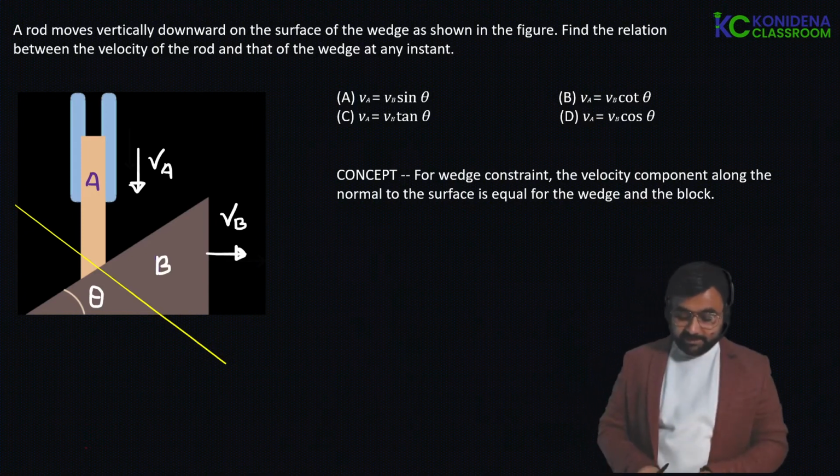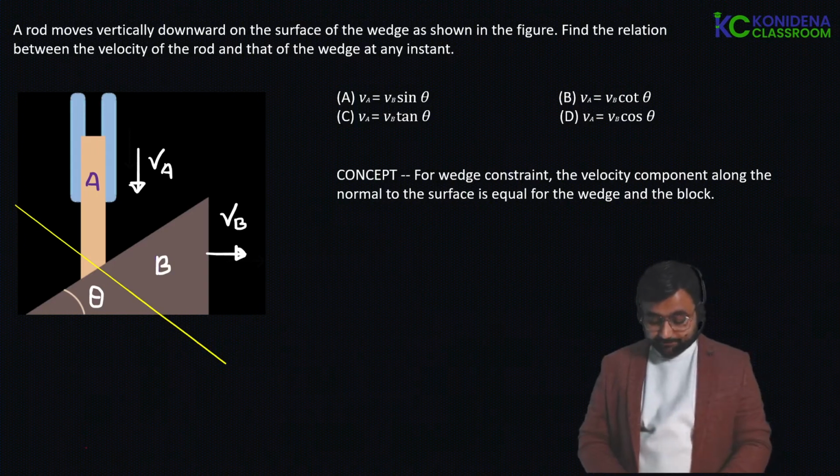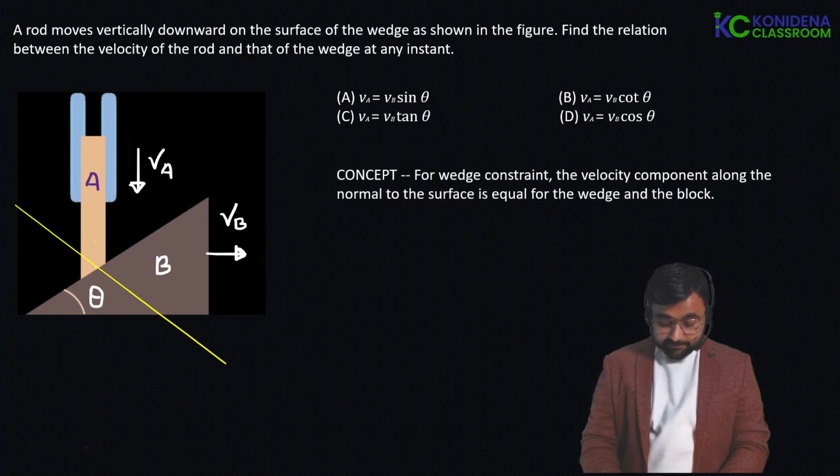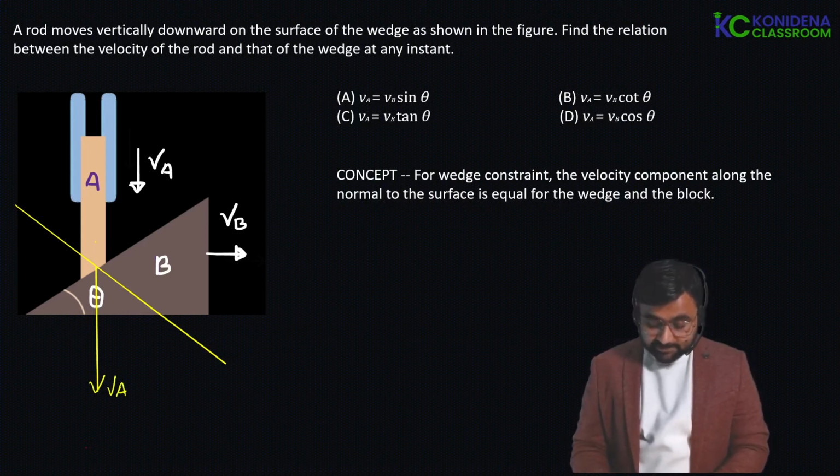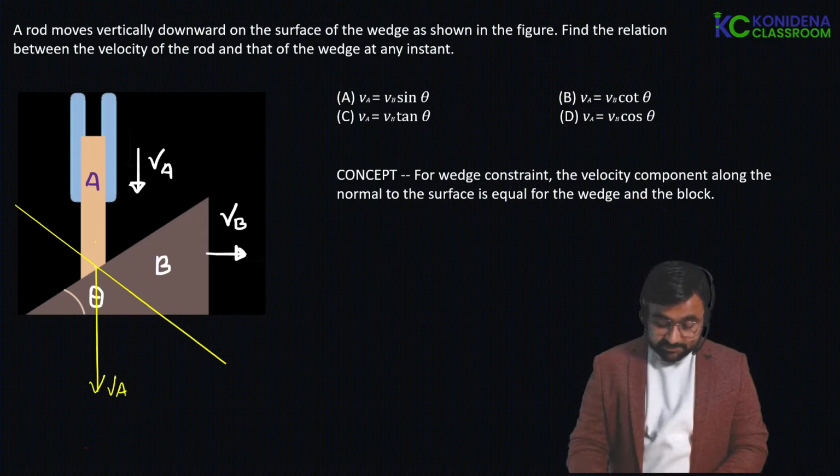So let us take the components of the velocities. This velocity given to us is VA, and the other velocity given to us is VB.